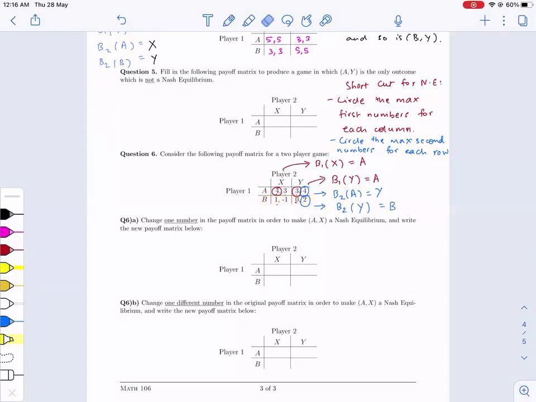Okay. Now, how can you use this to find a Nash equilibrium? So the key here is that Nash equilibrium occurs for an outcome when you have two circles next to each other in the same box.